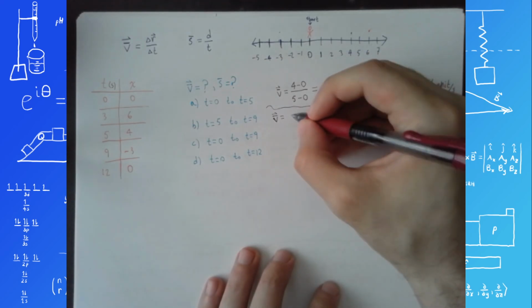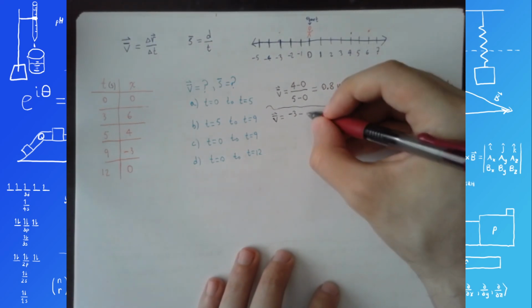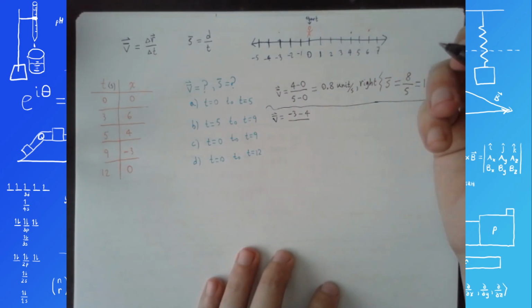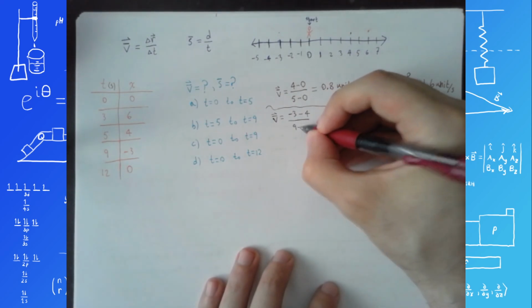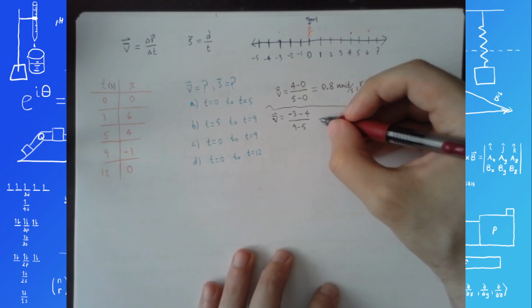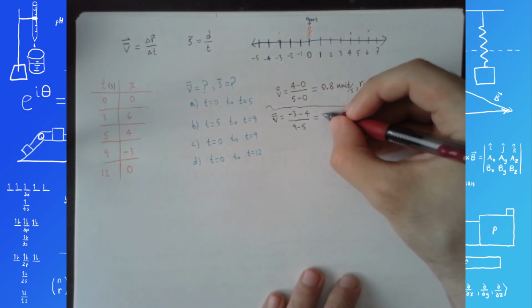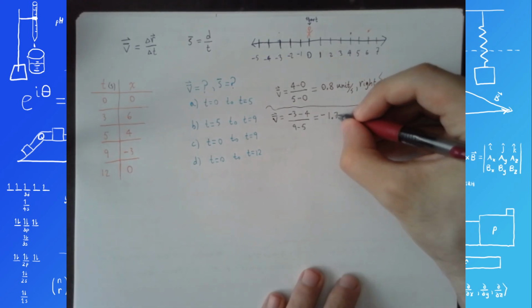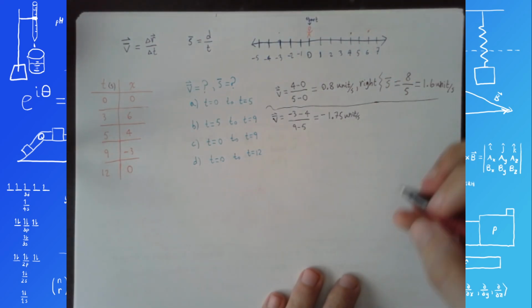So I've got final position, -3, minus initial position 4, that's -7. And then the time interval, it was from 5 to 9, so final time 9 minus initial time 5. So that's -7 over 4, which is -1.75 if you want to put it in decimals. And that's in units per second.